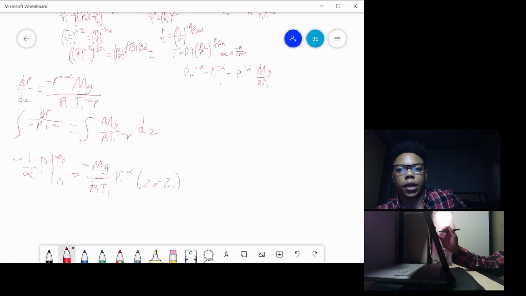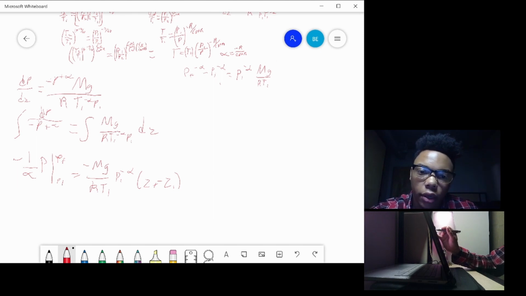And we're also going to have alpha times our entire equation because we brought it over from right here, of ZF minus Z1.